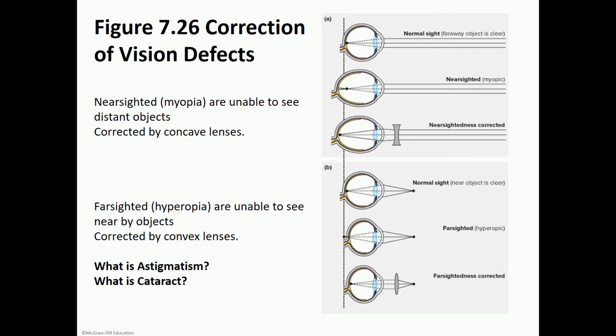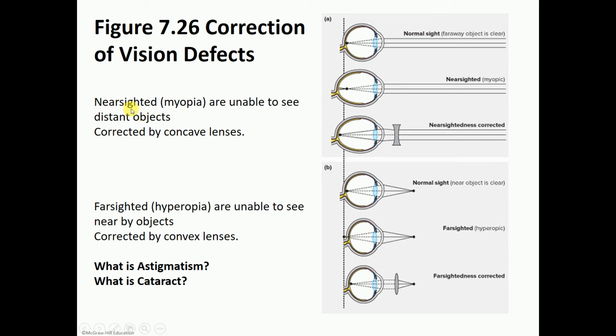Now, how do we also correct vision defects? What are vision defects? Under normal circumstances, all of these rays are focusing on the fovea.